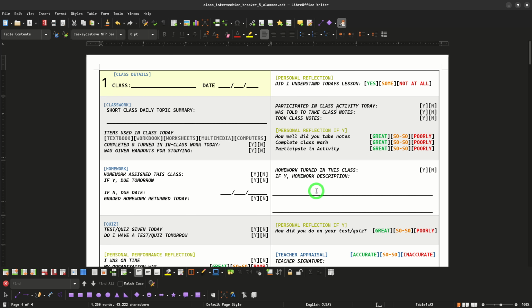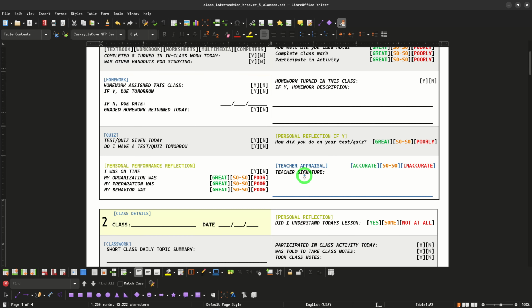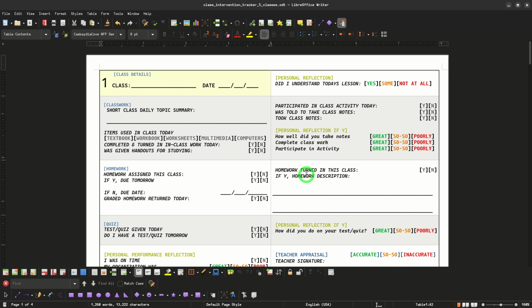Now, that's the easy part. That's pretty simple. I think all these values are pretty self-explanatory. Now, here's where the magic comes in. When our child comes home, we will sit down and take a look at this, and we'll say, what did you do?